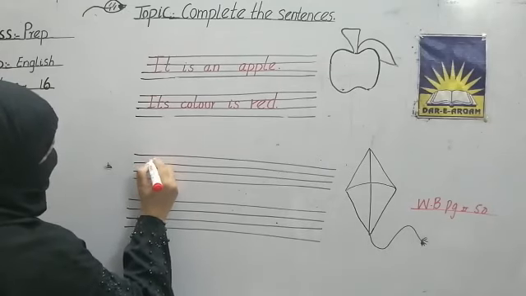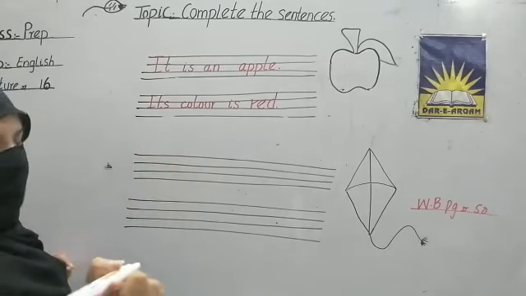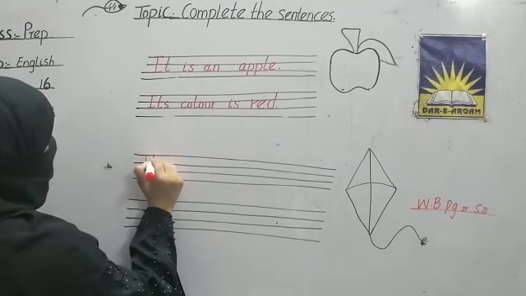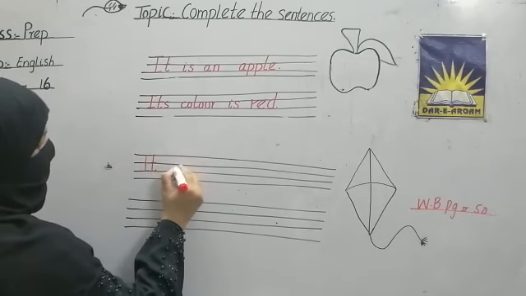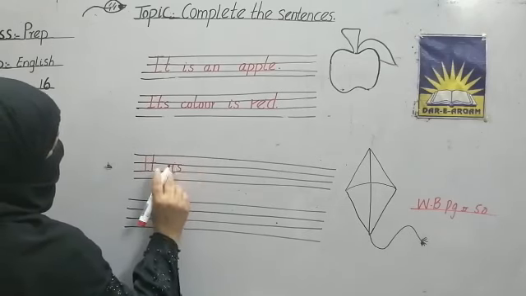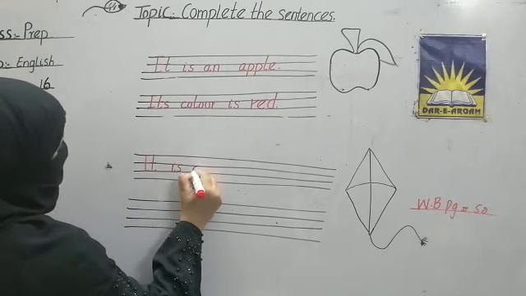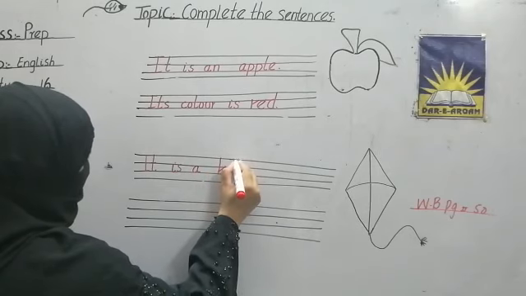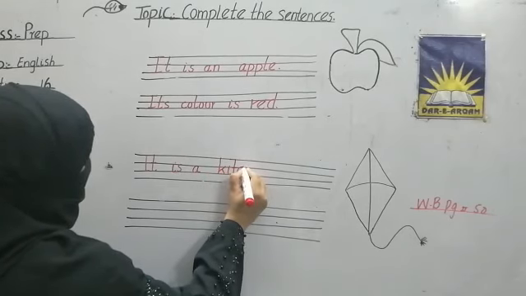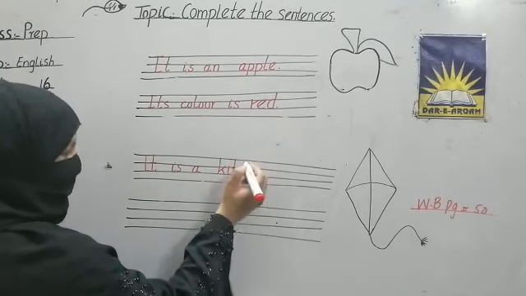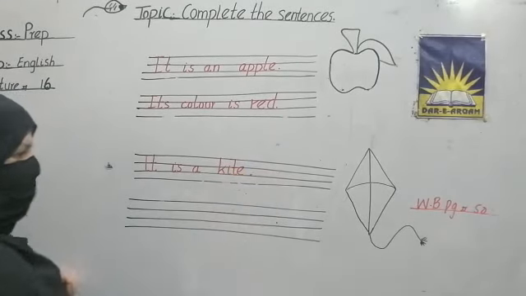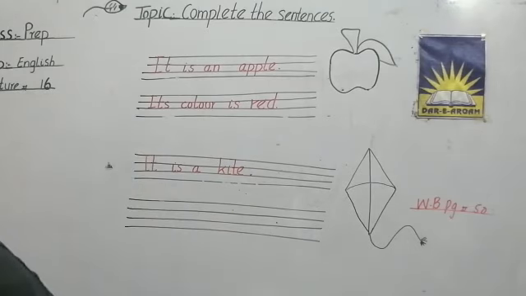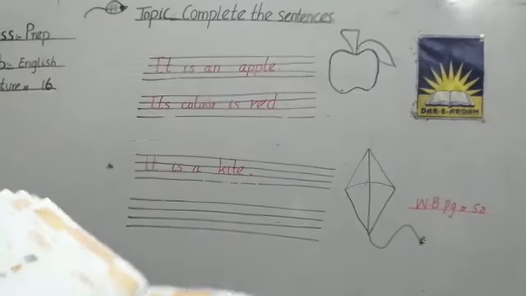So I complete the sentence here, or you complete the sentence in your workbook. It is a kite. At the end of the sentence, we mark a full stop here. Yes, good. Now students, look at your workbook.